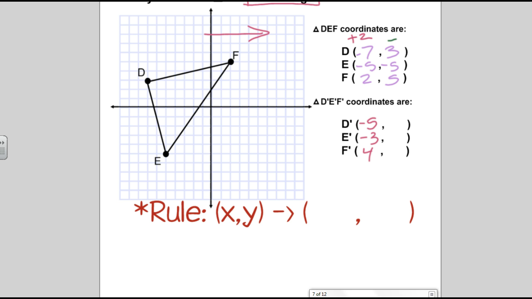Subtracting 1. So you take all the y values and you subtract 1. 3 minus 1. Negative 5 minus 1. And 5 minus 1. It's not so bad. Then you can plot those. Or you could have just gone to the original points and literally just gone 2 to the right and 1 down. Zaya, what would our rule be?